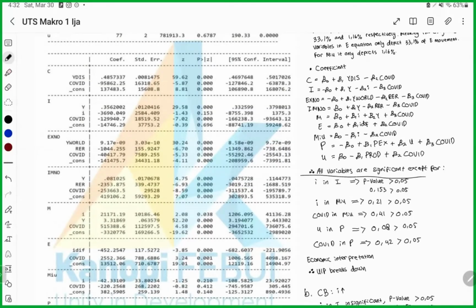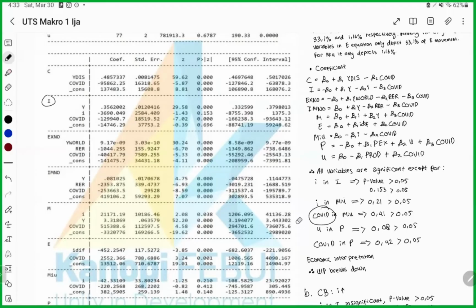All variables are significant except for I, interest rate in investment. As you can see, the p-value is higher than 5%. So it means that interest rate is not statistically significant. And then interest rate in MIU is also insignificant.